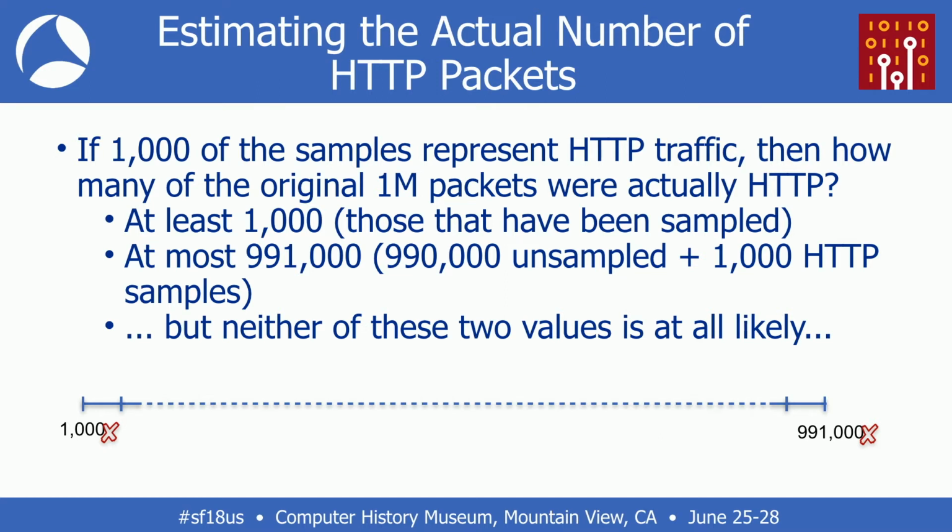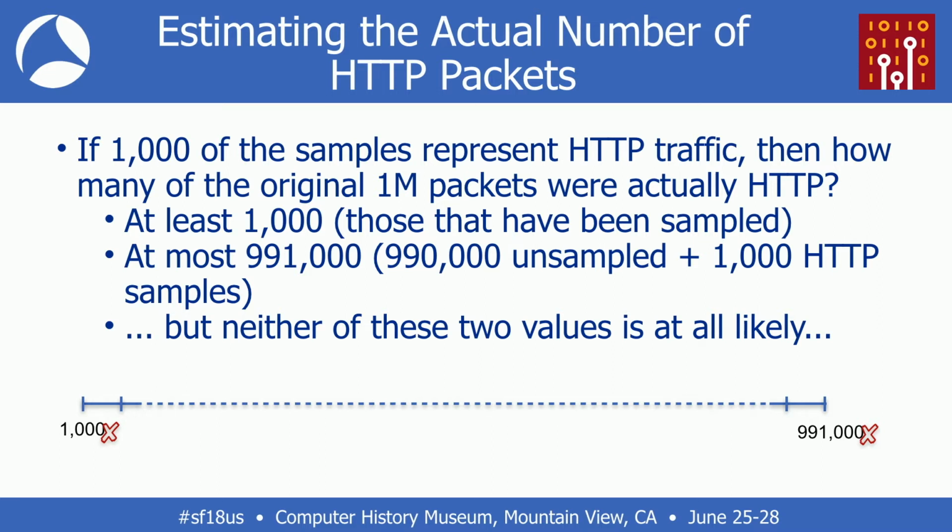So what can we say? We can say that in the original 1 million packets, at least 1,000 must be HTTP, because we have seen them in the samples. On the other end, we can find an upper bound for the actual number of HTTP packets, that is 991,000, because we have 10,000 samples, out of which 9,000 are not HTTP.